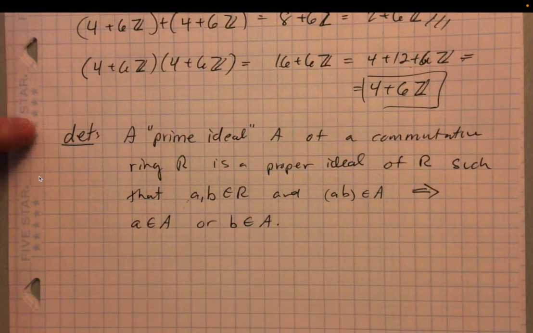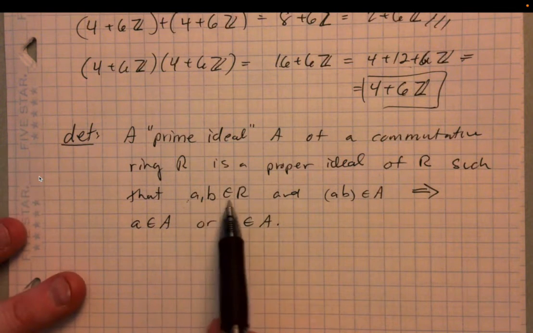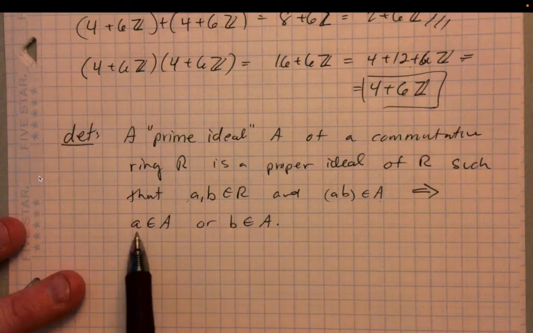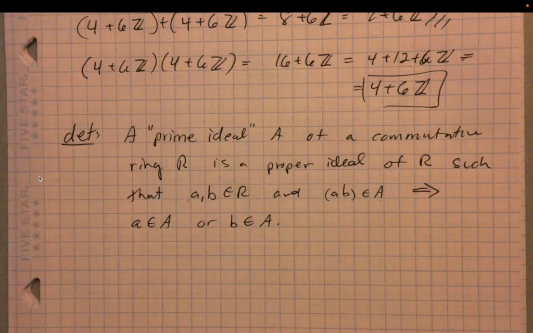That's what we mean by a prime ideal. So a prime ideal A of a commutative ring R is a proper ideal of R such that for any A, B in R where the product is in A, the implication is that A or B are in A, part of the ideal.